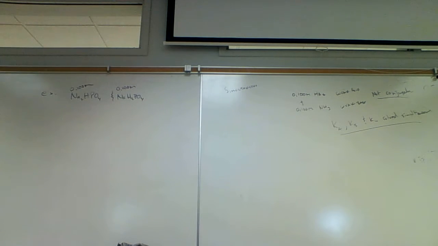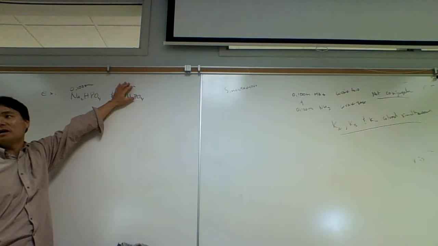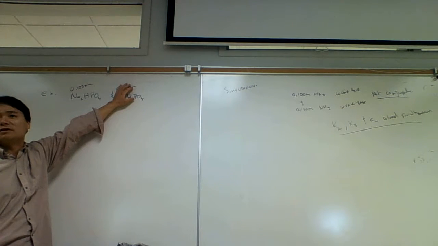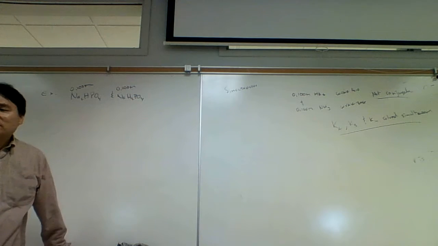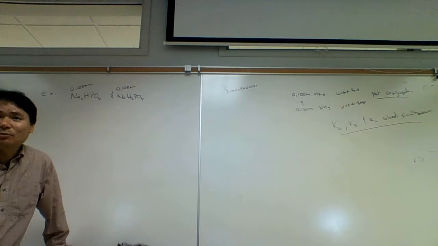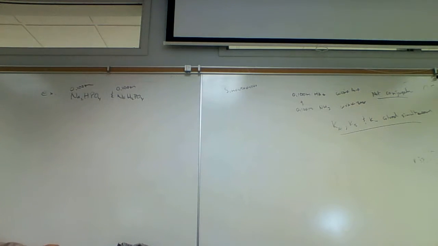Monohydrogen phosphate. So when we did sodium monohydrogen phosphate, that turned out to be a tough problem. It's just sodium monohydrogen phosphate in water. Why was it tough? Because sodium monohydrogen phosphate is amphoteric. It has a Ka equation and a Kb that we have to solve simultaneously with Kw, just like acetic acid and ammonia.